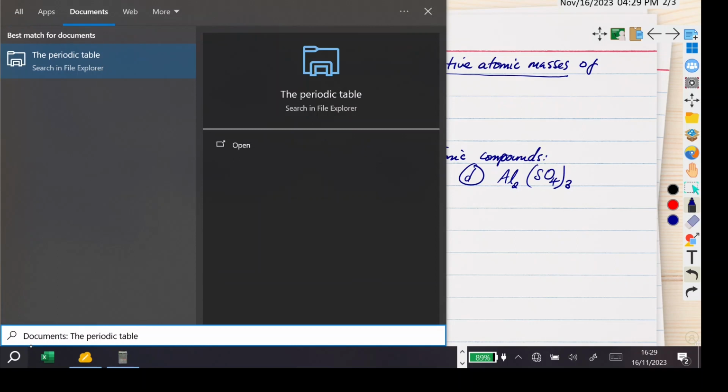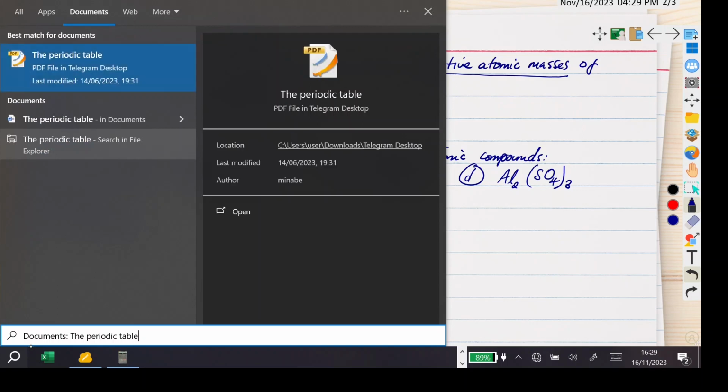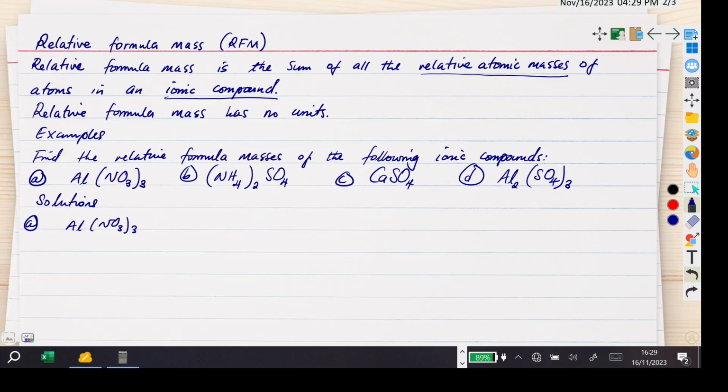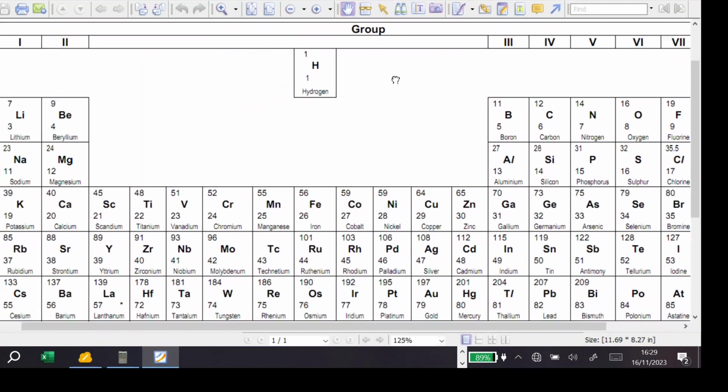Periodic table. Okay, here it is. This is the periodic table, so that you learn what is going on. The periodic table is where you find the relative atomic masses of these atoms.